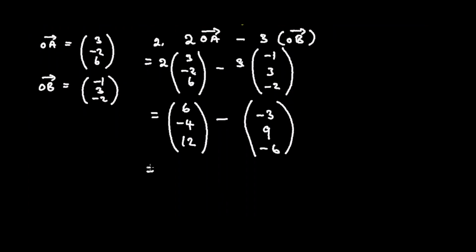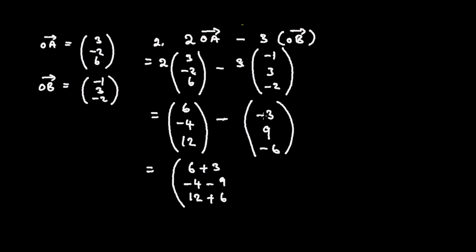So this then is equal to, doing correspondence here, 6 minus minus 3 which is 6 plus 3, minus 4 minus 9, and 12 minus minus 6 which is 12 plus 6.